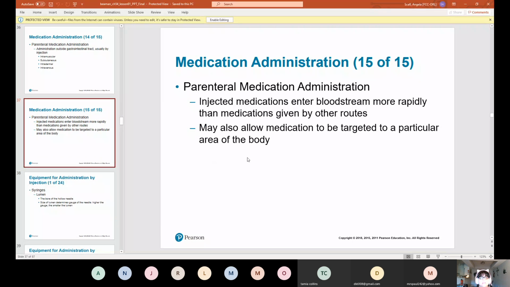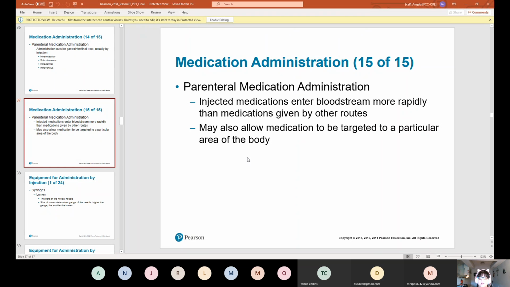Parenteral medications are injected and delivered by the bloodstream. So that's why when we give these medications, we want to make sure that we have done all of our rights. We've gone through that.